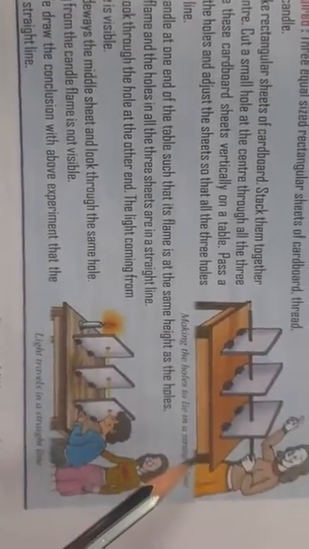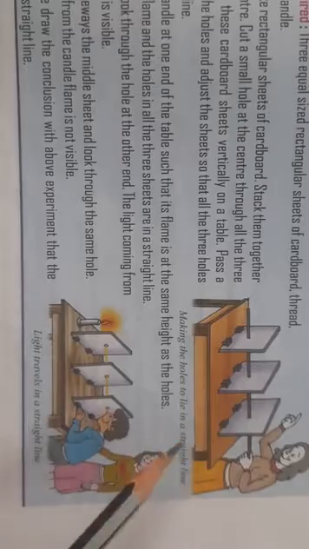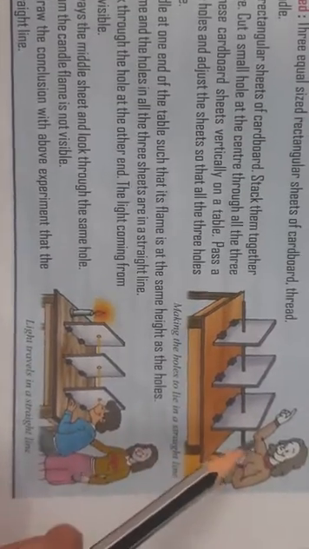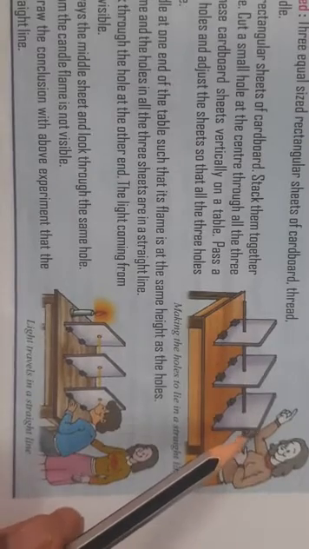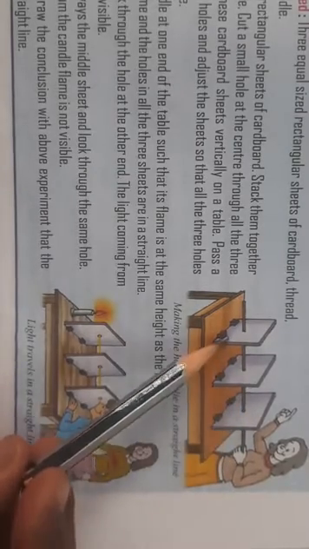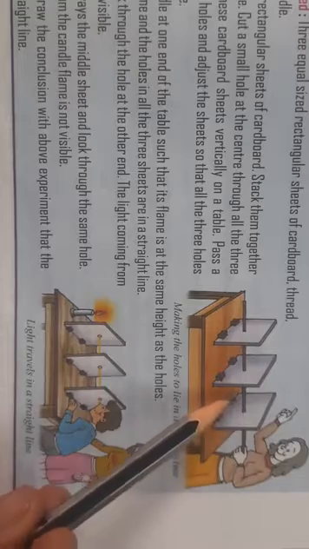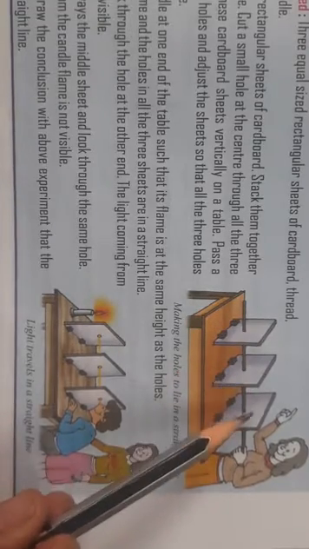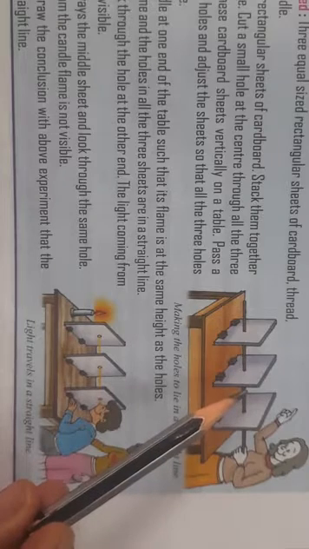Another activity here to prove that light travels in a straight line. See, here also you have taken rectangular sheets and you have put one after another, and you have made a small hole through all these sheets, and you have arranged them vertically.